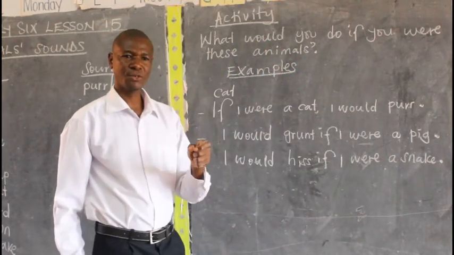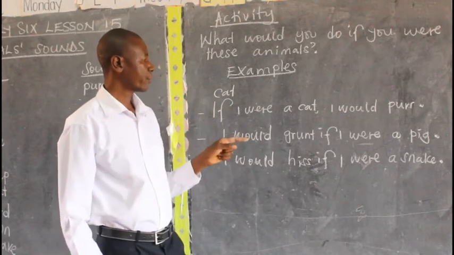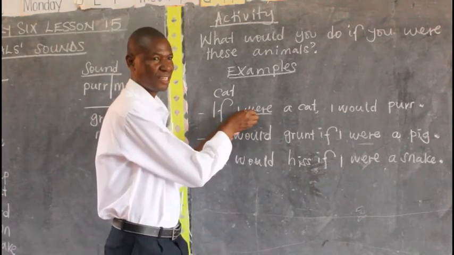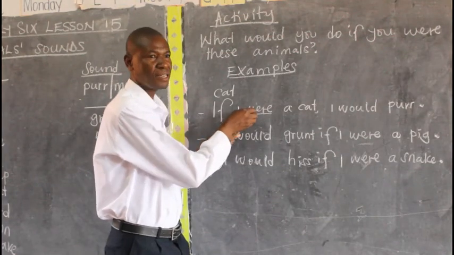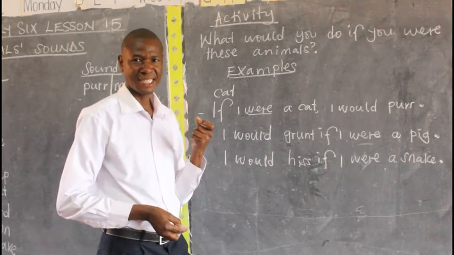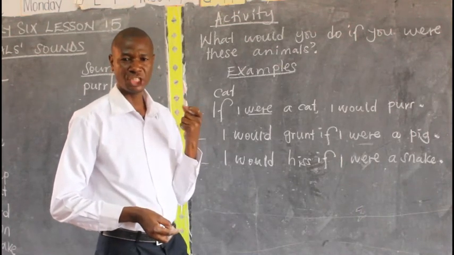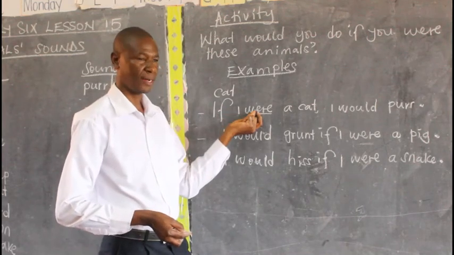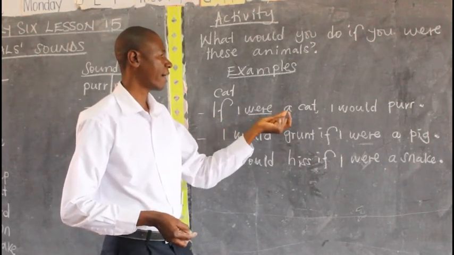Taking you back still to if-to, I told you that this helping verb were is used to emphasize the impossibility of a condition, that it is very hard for you to fulfill the given condition. That is the reason why we are supposed to use the were. If I were a cat, I would purr.